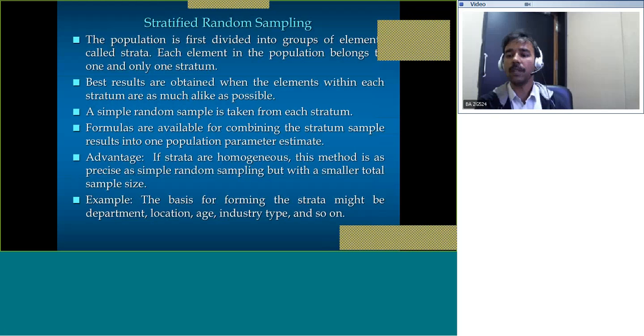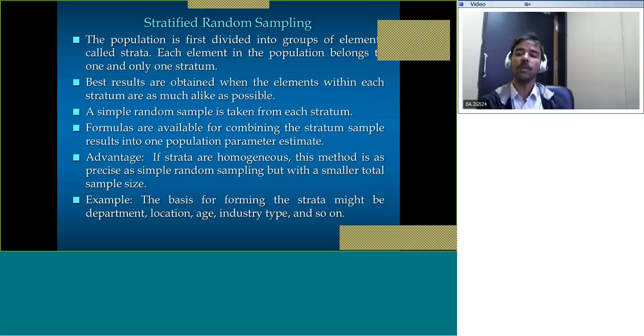Of course, you know very well, the population is subdivided into homogeneous groups called strata, and from each homogeneous group you take a simple random sample. This is known as a stratified random sample. I'll repeat that: a stratified random sample means the whole population under study is divided into homogeneous groups based on particular characteristics.